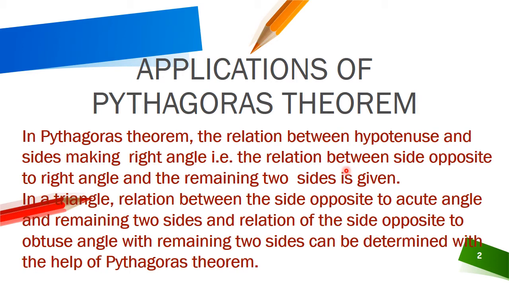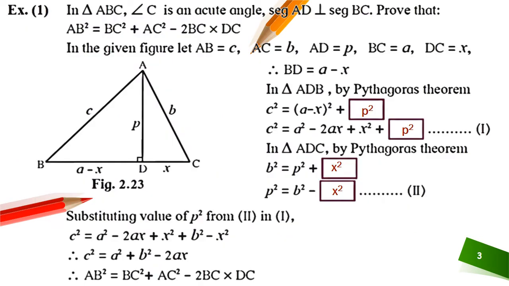Now suppose the side is opposite to an acute angle, then what is its relation with the other two sides? And suppose the side is opposite to the obtuse angle, then what is its relation with the other two sides of the triangle? Those two things we can determine using the Pythagoras theorem. So let's see that. This is the first example.